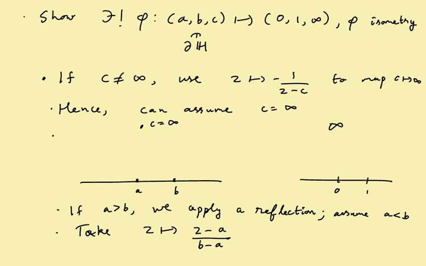Okay, so what we have done is we have shown there exists such a map. What about uniqueness? Well, uniqueness is easy.